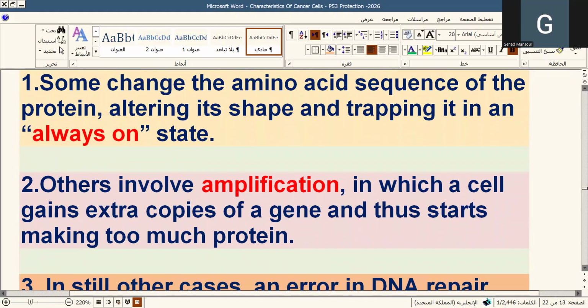So if the gene is mutated, then the amino acid sequence will differ, and the final protein, whether cyclin or growth factor regulator, will also be abnormal.